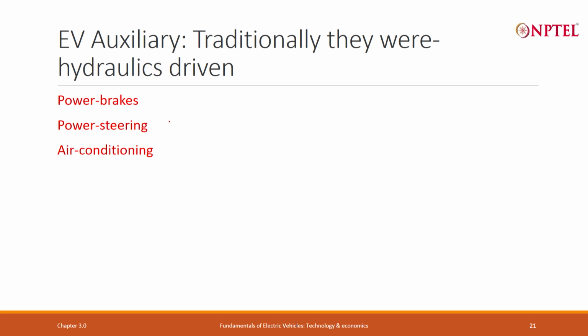There are 3 other units I have been talking about: power brakes, power steering, and air conditioning. Generally all these 3 used to use hydraulics and mechanical systems. The engine is driven by fuel, that generates mechanical energy, and using hydraulics it will control brakes, steering, and air conditioning.